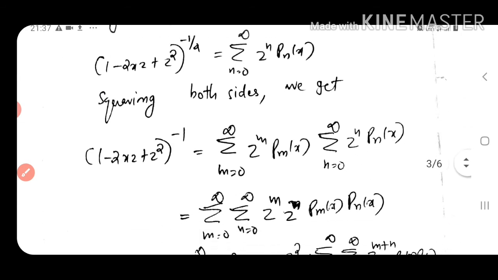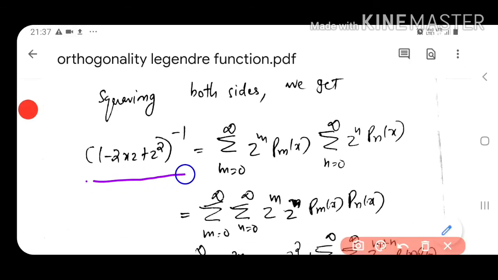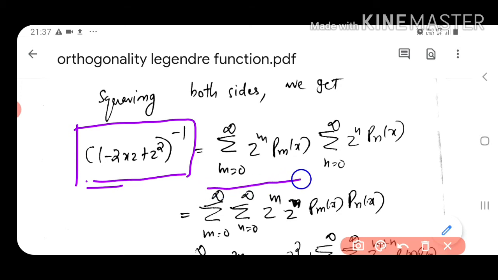So on the left hand side, as you square, you will be getting this: (1 minus 2xz plus z square) to the power minus 1. Here I am taking sigma m equal to 0 to infinity z raised to m Pm of x, sigma n equal to 0 to infinity z raised to n Pn of x. Okay, this way you can write.